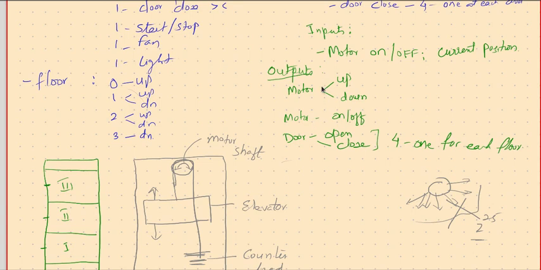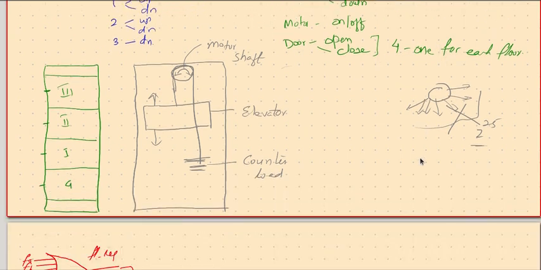Then outputs to open the door and close the door. There are four such outputs, one for each floor. That's the schematic we had seen: ground floor, first floor, second floor, third floor. These are the sensors to identify where the elevator currently is, and this is how the elevator system is mechanically built. The elevator is suspended to a motor through a pulley arrangement.